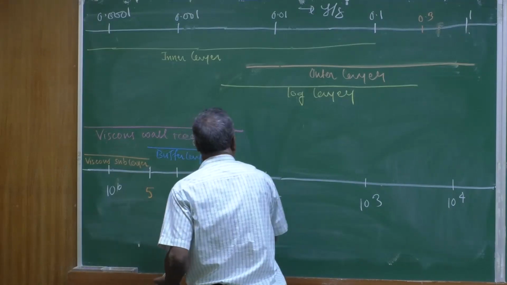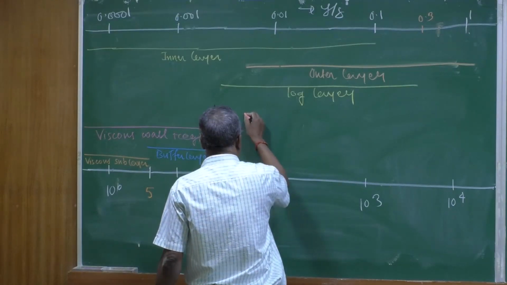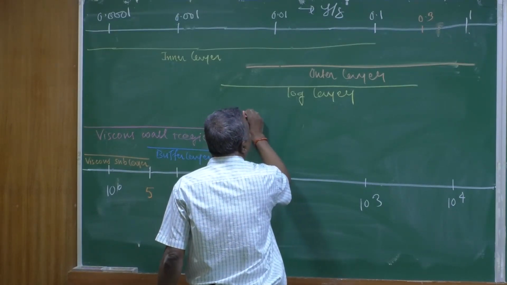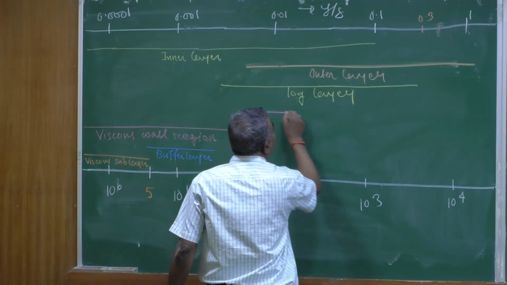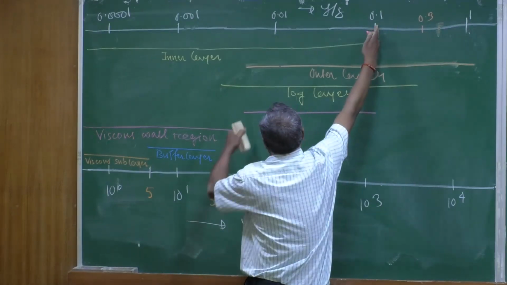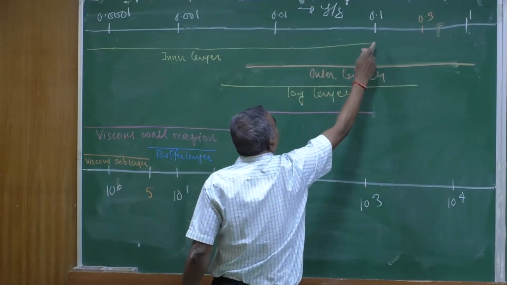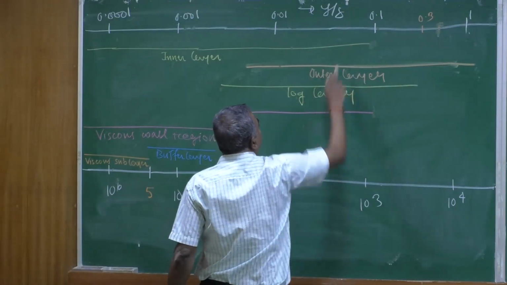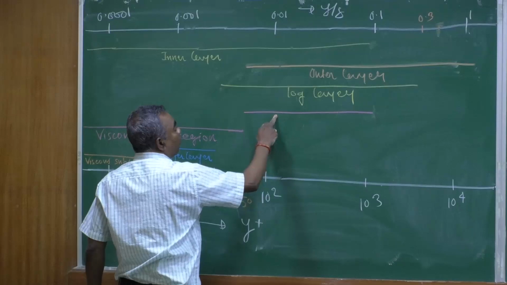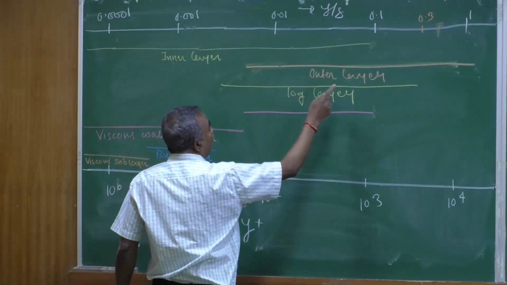Let me use some other color. So, you see the outer layer and inner layer, we have an overlap layer. This is what you see, this particular one. The inner layer extends till this, so this layer is a sort of overlap between outer and inner.